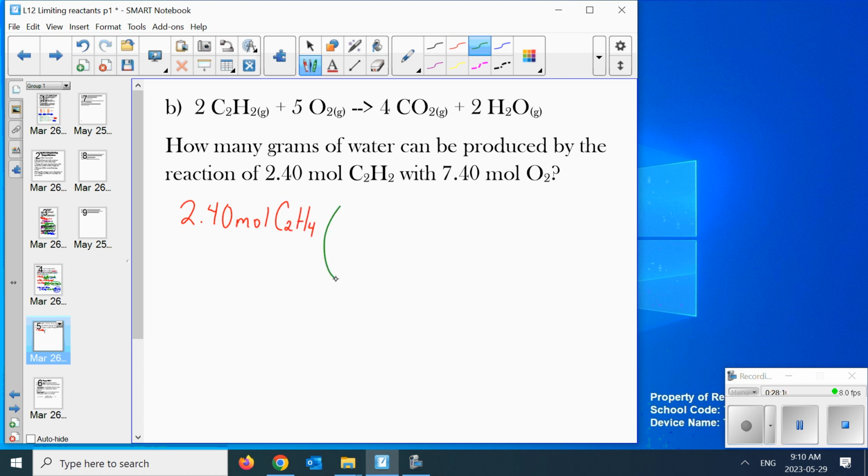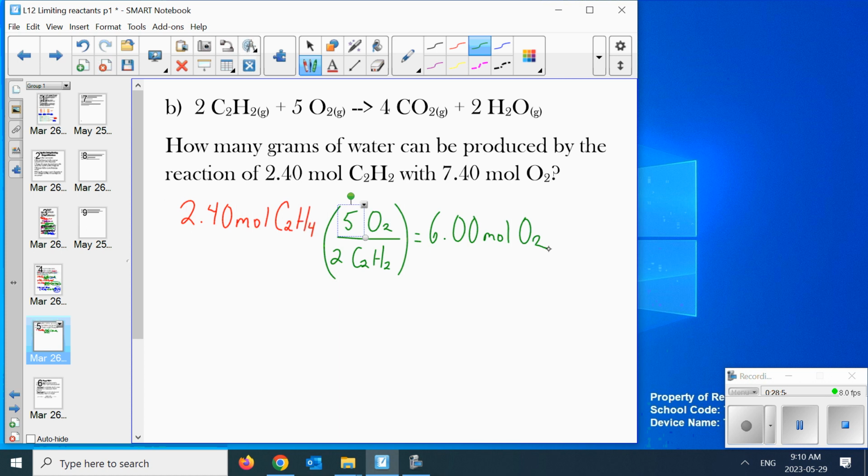So two groups of C2H4 require 5 oxygen, for that 2-to-5 ratio. 2.4 divided by 2 is 1.2, and 1.2 times 5 is 6.0, so 6 moles.